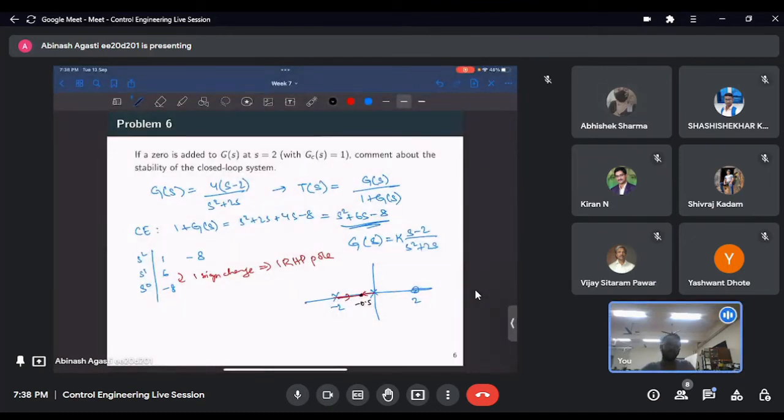How do we find the angle of the asymptote? Basically, when the gain goes to infinity, which direction should the poles be in? That is the thing, right?